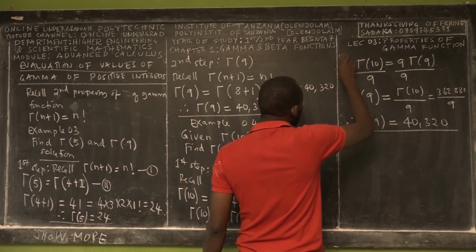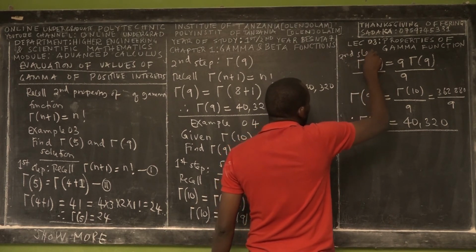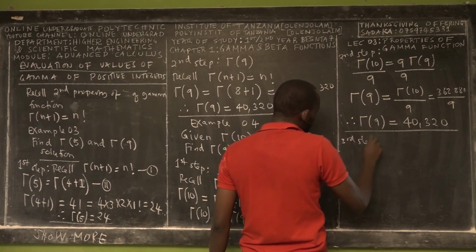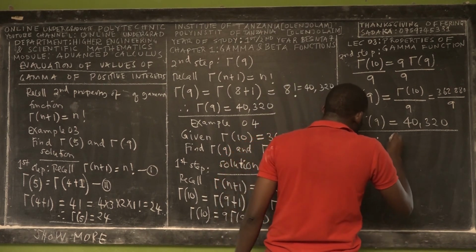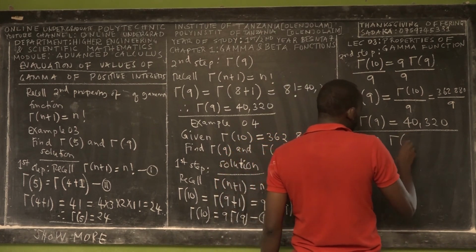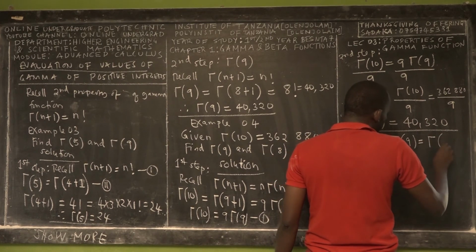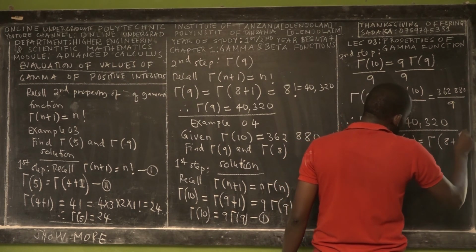Okay, so this is the second step. To find the gamma of 8, we have to go for the third step. Gamma of 9 is equal to gamma of 8 plus 1.